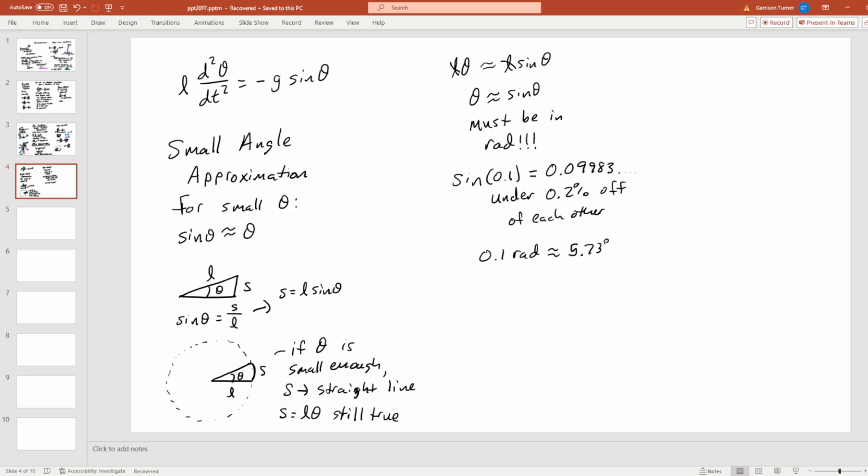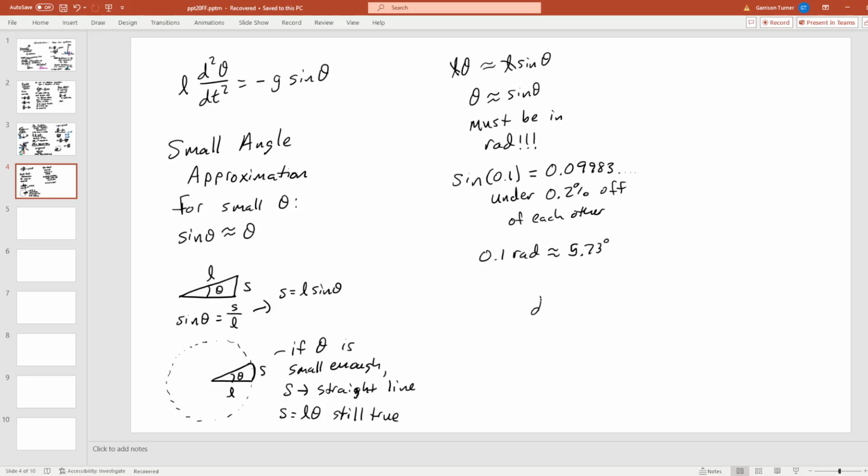It would take hundreds and hundreds, if not thousands of trials to really start to determine the difference between sine theta and theta.